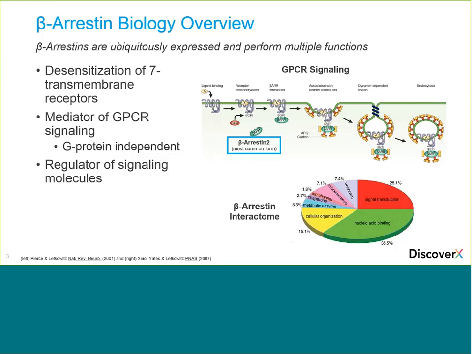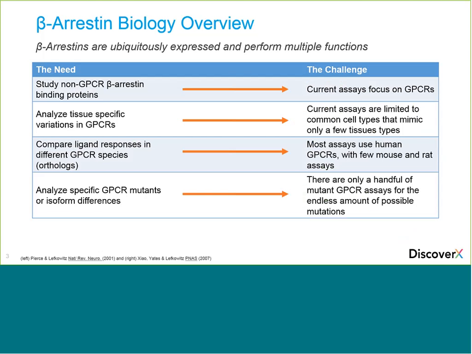Or maybe you have a GPCR mutant that causes a specific disease and an assay is not available for you. So this is a nice way, as you'll see, with the tools to create your own cell lines and cell-based assays to study all these needs.